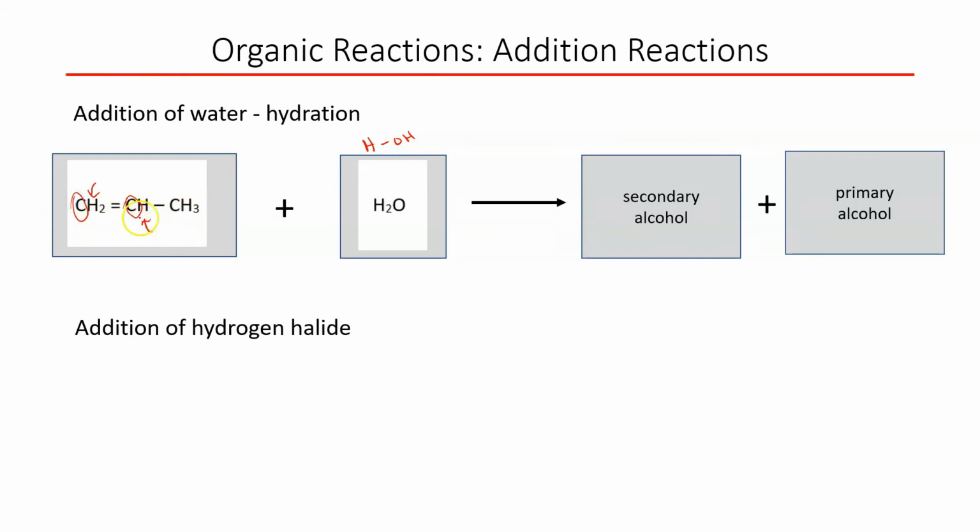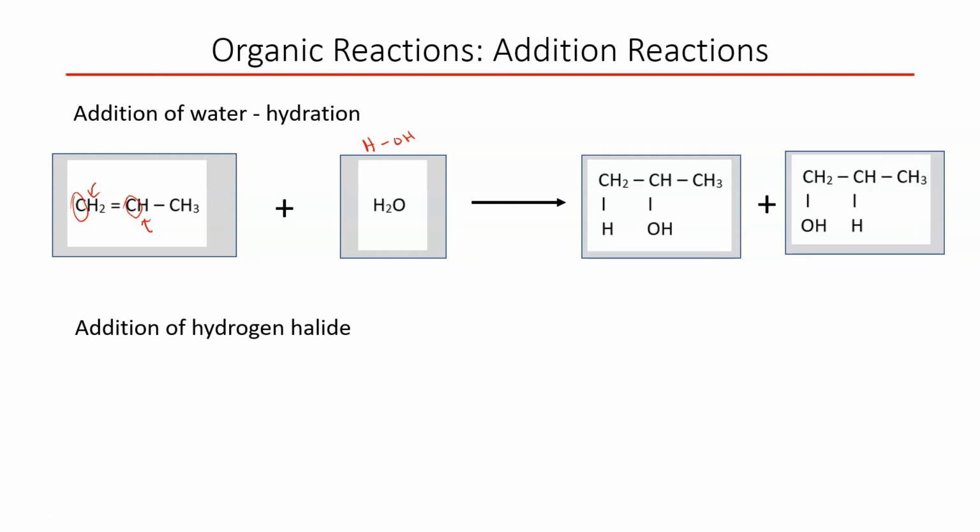And since the location of the OH determines the name of the compound and its properties, we could end up with two possible compounds, where my hydroxyl group goes on carbon 2 or goes on carbon 1 in a chain.